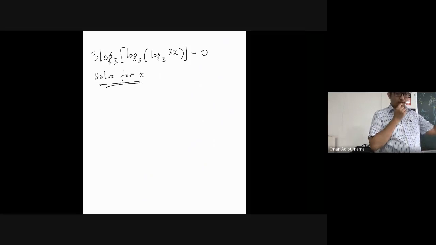If you cannot solve it, I will solve it next week, or maybe I just need a couple of minutes to solve. So it's 3, a constant. Okay, constant. 3, log base 3, log base 3, log base 3.